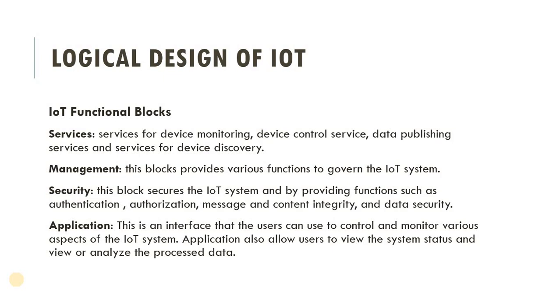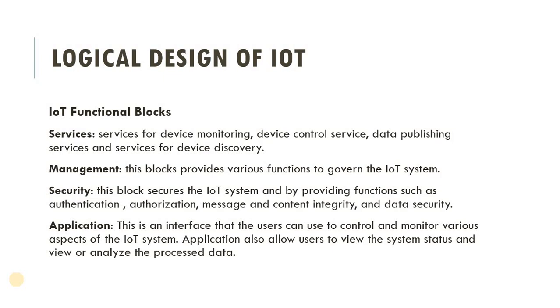If we are publishing an IoT application, security is a major part. Without security, we can't publish any IoT application. So security is a very important block, and we need to design it based on our application.